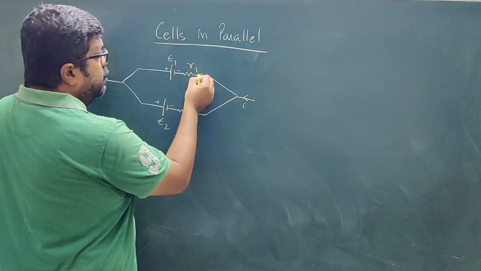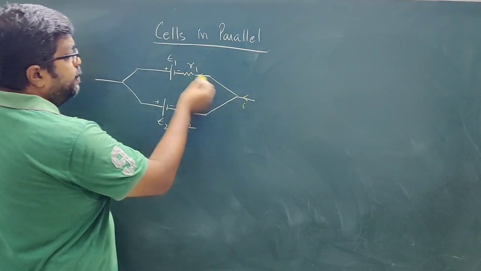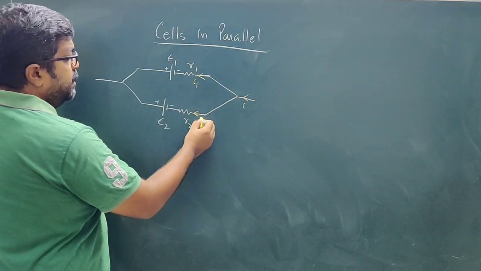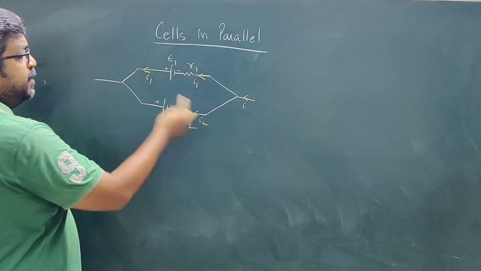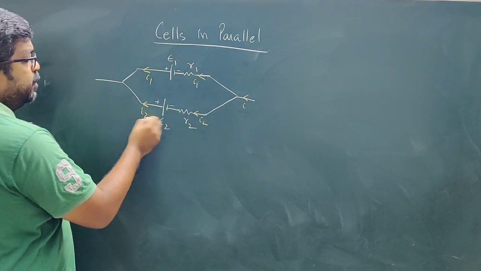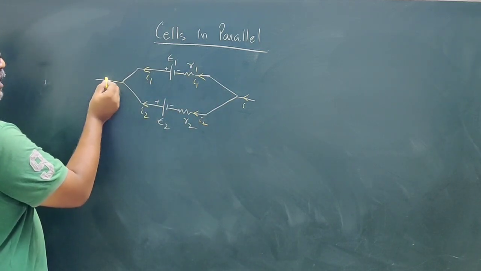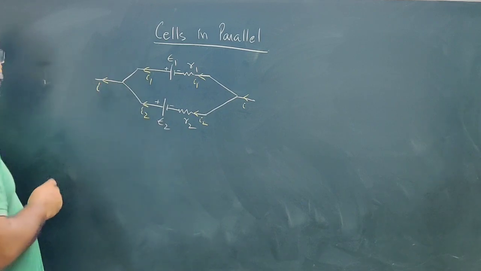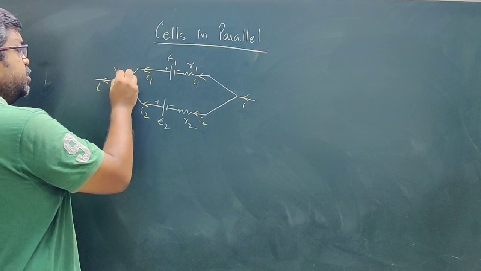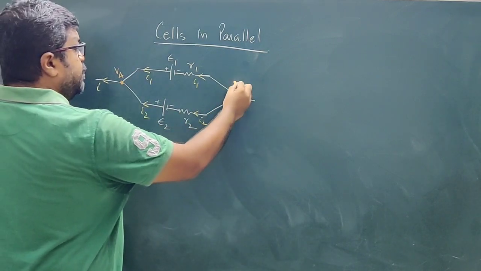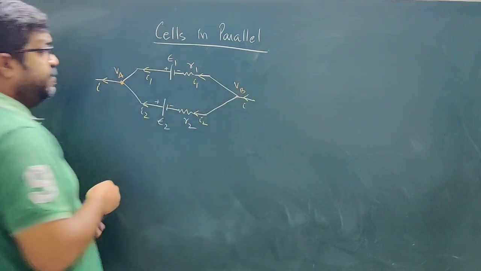Current flowing through this path is I1 and current flowing through this path is I2. So I1 comes like this, this is I2. So I1, I2, again this becomes I. Now this is at potential VA. This is at potential VB.